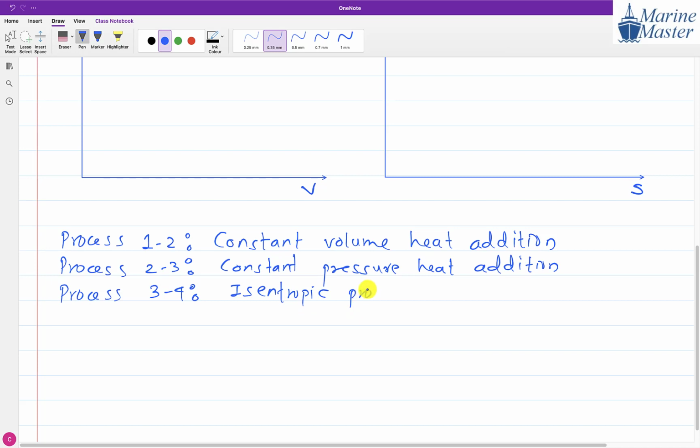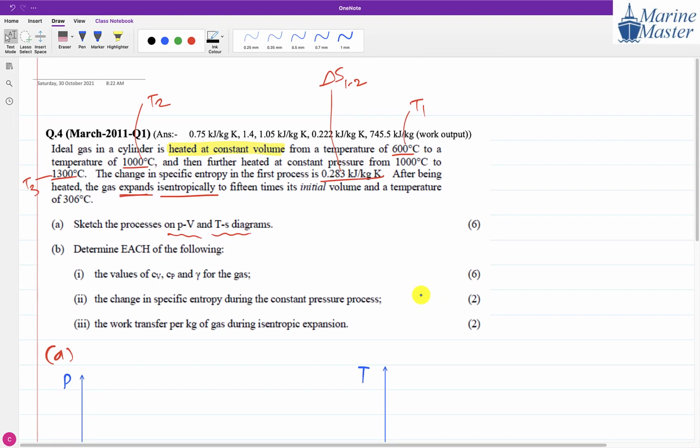So how many processes do we have here? 3 processes, not only 2. The third is isentropic expansion. For an isentropic process, they will clearly mention that it is isentropic or adiabatic. The gas expands isentropically to 15 times the initial volume, which means our V4 will become 15 times V1.